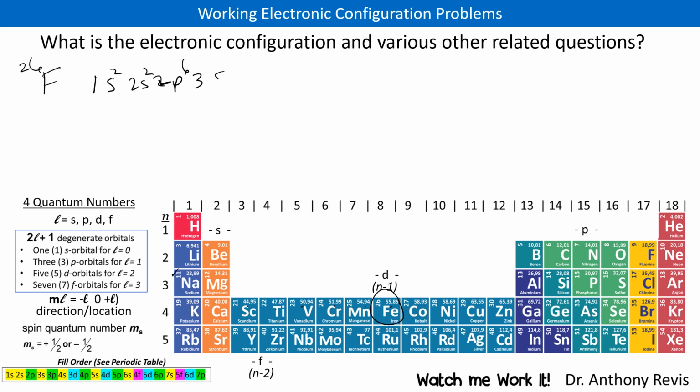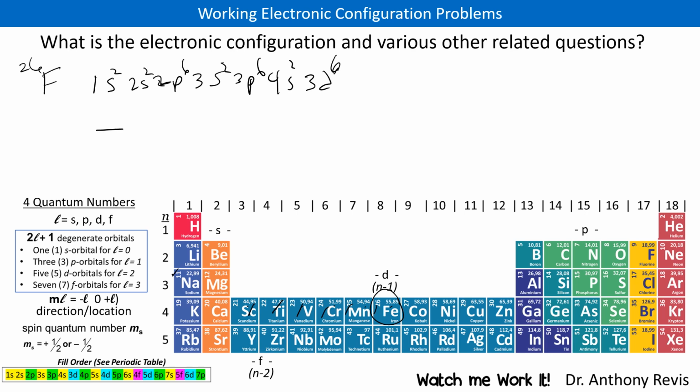And then we'll go 3p6, 4s2. Pause and put the 3d, 1, 2, 3, 4, 5, 6. 3d6. Okay. All right. So we have that.